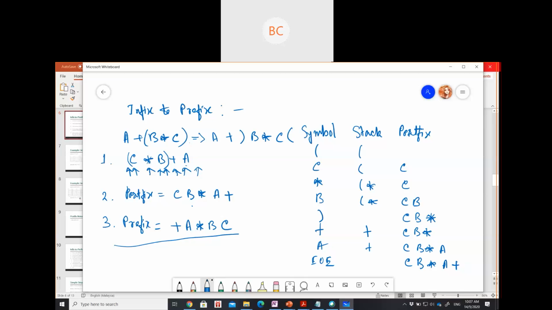You got the steps? What we need to do for infix to prefix? Everyone, is it clear? For infix to prefix, first reverse the symbols, second postfix conversion, and then finally reverse it again.